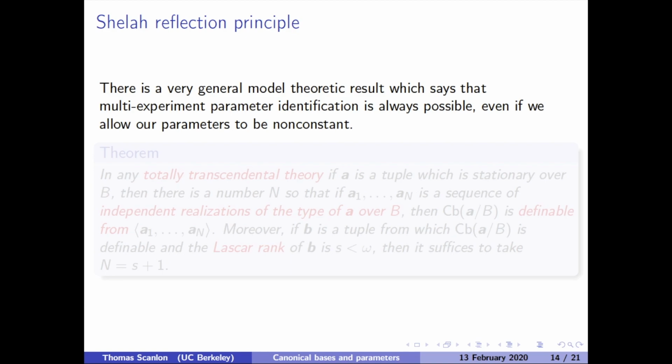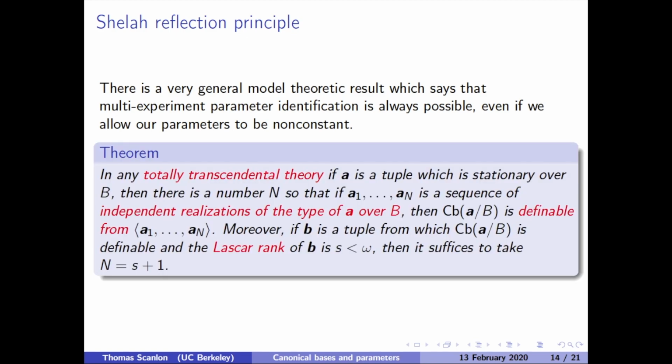And the answer is that this problem was solved, the precise statement I'm going to write down is not written down in classification theory, but it was basically solved by Shelah 40, 50 years ago in the context of totally transcendental theories.